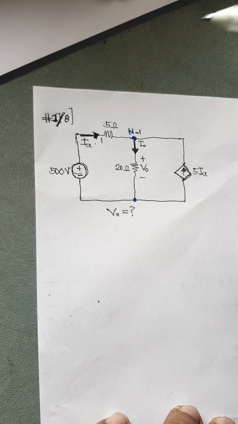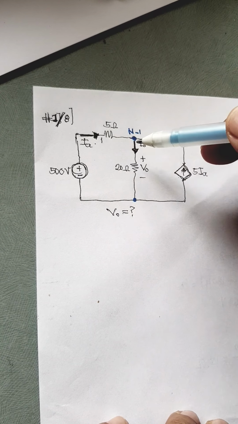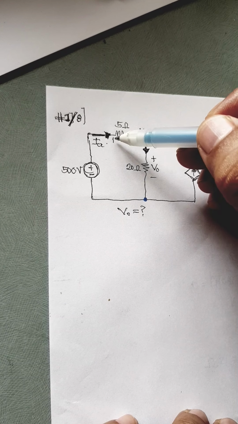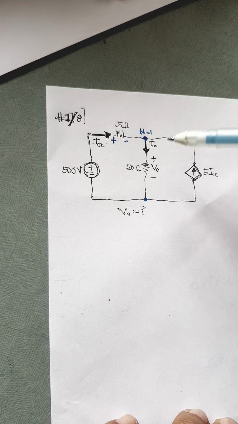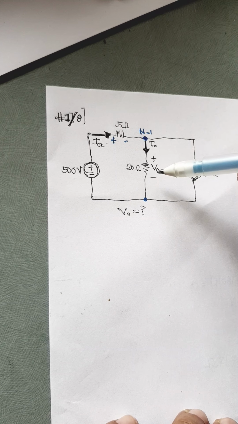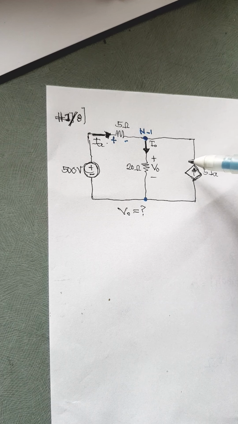And then we determine also the polarities. Now IA is towards this direction. Therefore, the polarity of this is plus and minus. Now the polarity of the 20 ohm resistor is already given. And here, since the direction of the current is going up, we assume that the voltage, because this is a current source, is supposed to deliver power.